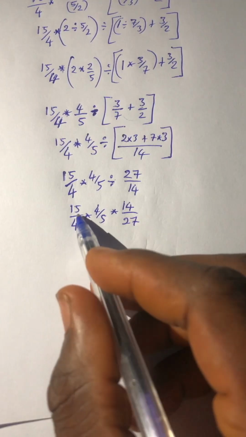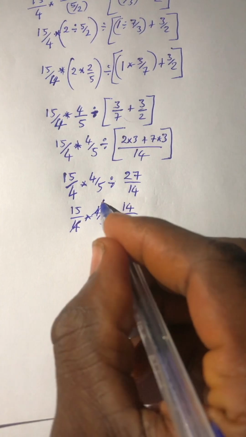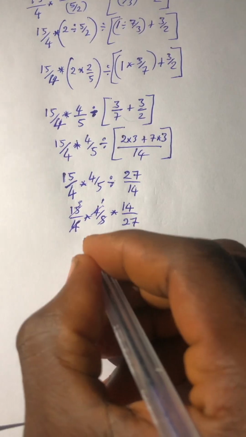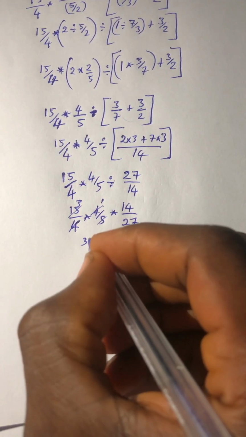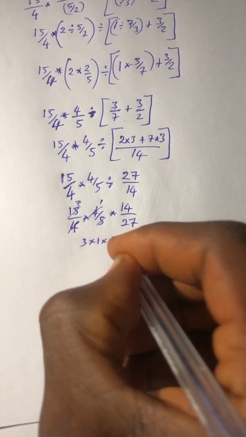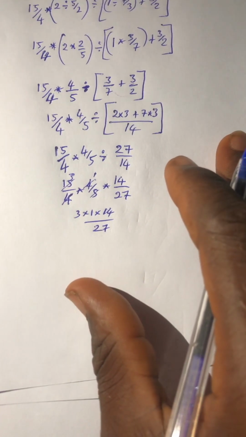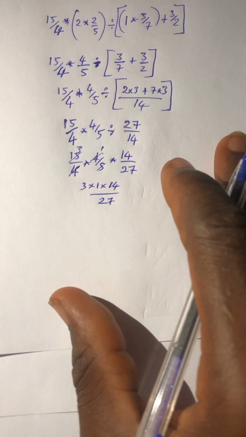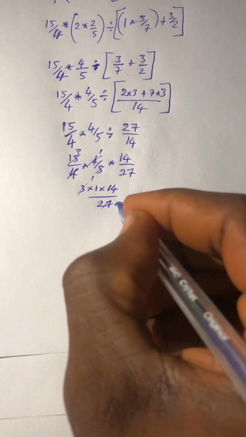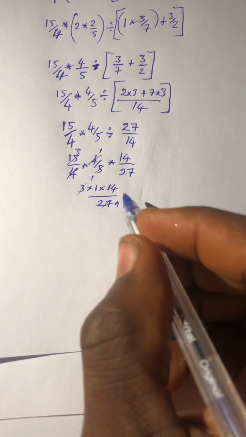And because we have multiplication, we can cancel out. Here to here is 1. Here to here is 3. So what we have here is 3 times 1 times 14 divided by 27. 3 here is 1, 3 here is 9, because 9 times 3 is 27.